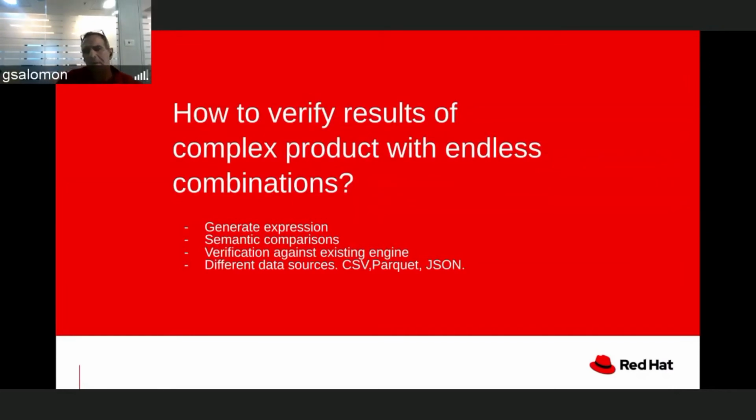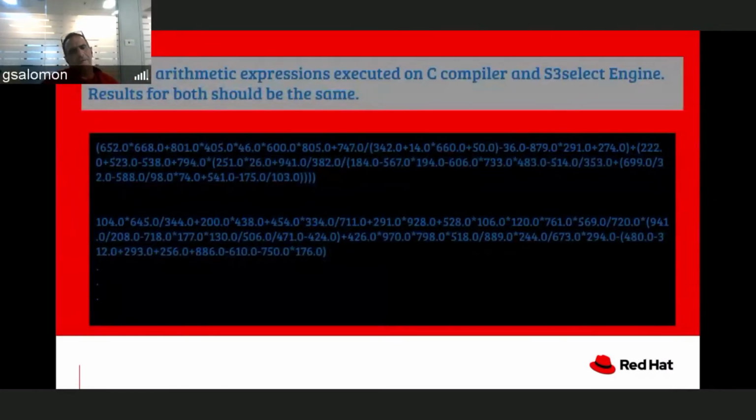One type of generator is a random arithmetic expression generator. It generates any type of arithmetic expression, and this expression can be executed by the C compiler and also by the S3select engine because it's the same syntax, and the result should be the same.